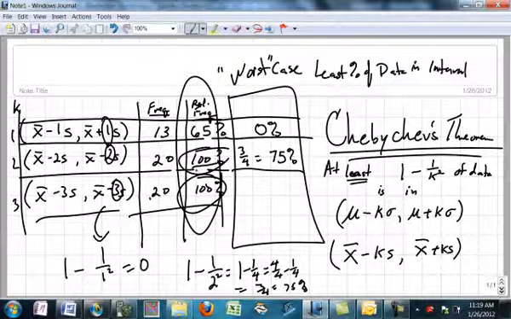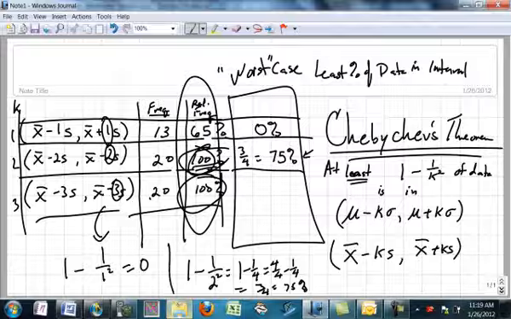Now notice we had 100%, we had some other different values, but you'll never get below 75%. Now oftentimes it's higher, maybe even as much as all the data is within 2 standard deviations. Okay? And many times it's way up there above 90%. But at least 75% is there, no matter what the distribution looks like.